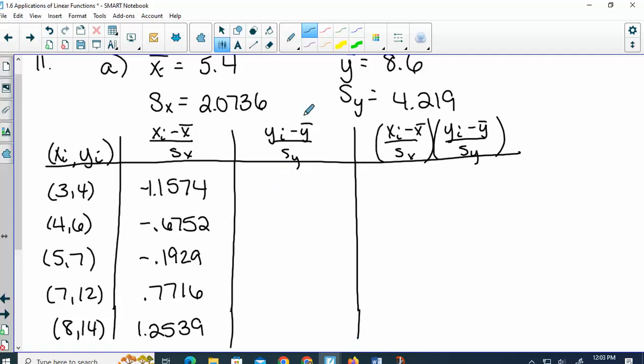Same setup, but now we're doing our y's. We'll use the mean of the y, standard deviation of y, and all of these y values to calculate. So I will have 4 minus 8.6 divided by 4.219.